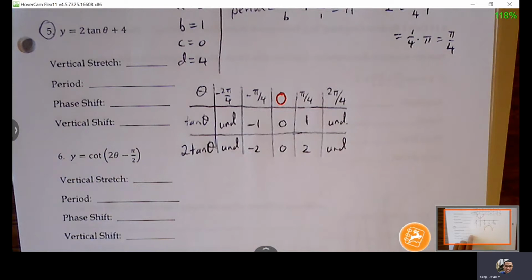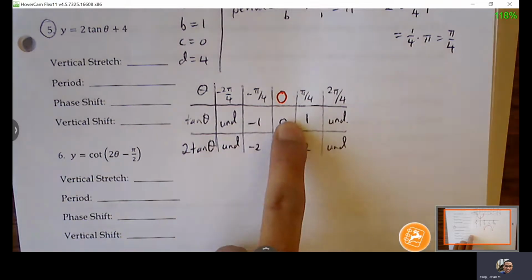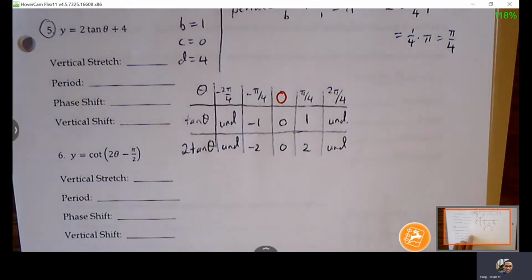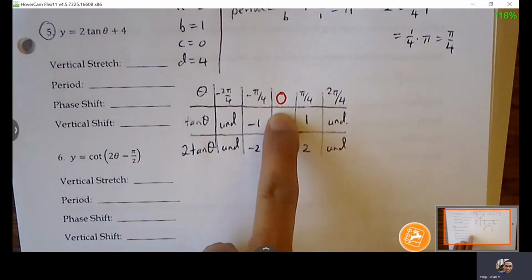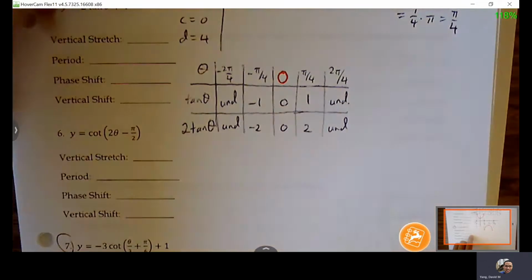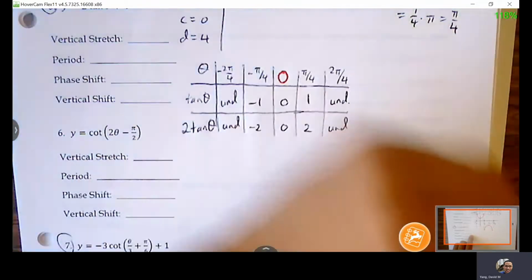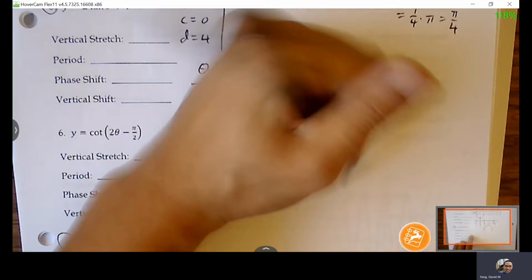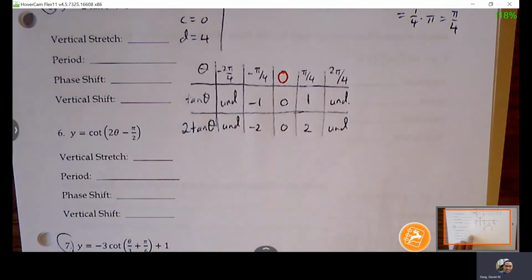Question: for tangent, it's the only one where we start in the middle? Yeah. But cotangent, we start at 0. Cotangent starts at 0. Wavelength is period.